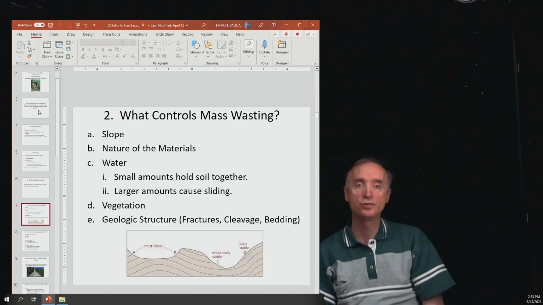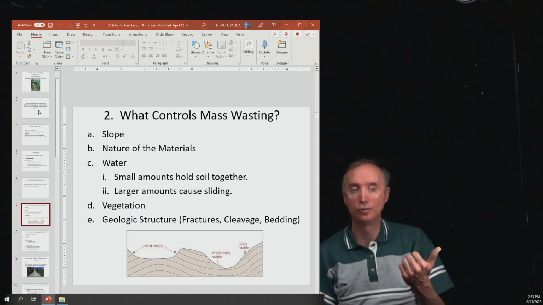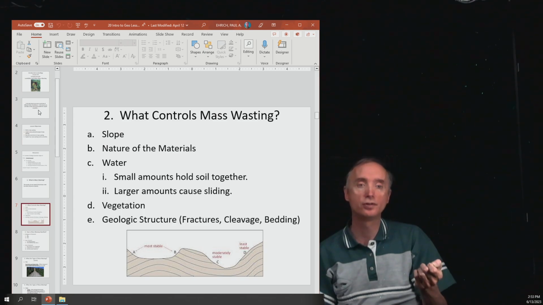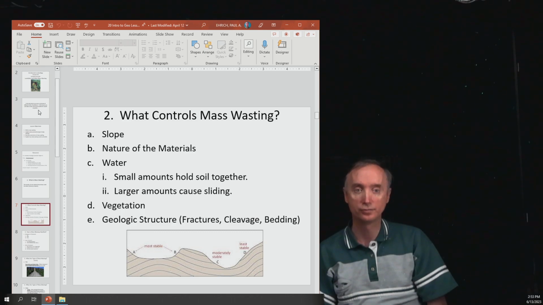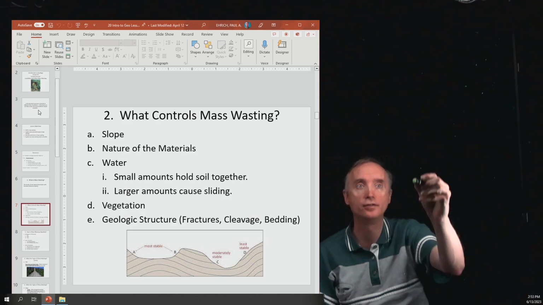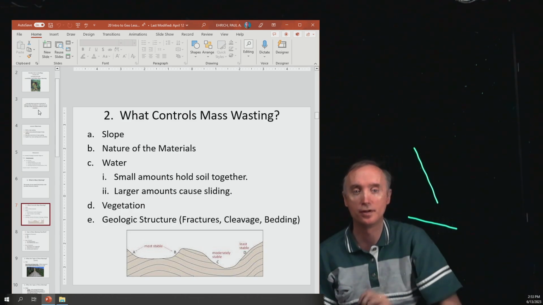So what is going to control whether or not you're going to have a landslide or an avalanche or soil creep? There are many different kinds of mass wasting. So what's going to determine which kind of mass wasting you are going to have? First, slope. You could have a slope like this, or you could have a slope like this.